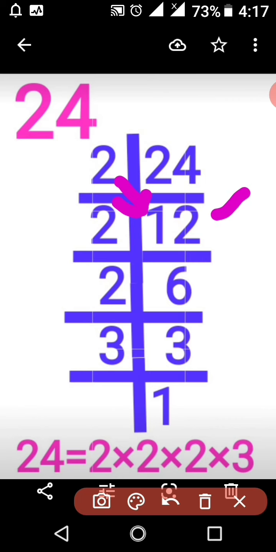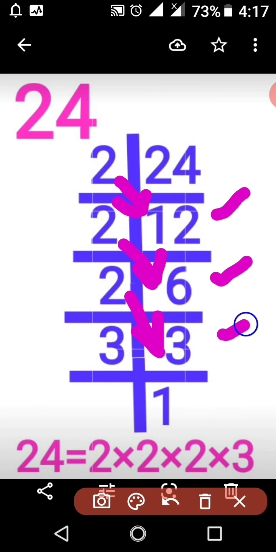Again we divide 12 by the least prime number 2. 2 sixes are 12, and the quotient is 6. Now 2 threes are 6. Now 3 is left. Here 3 is not divisible by 2, so we move to the next prime number, that is 3.